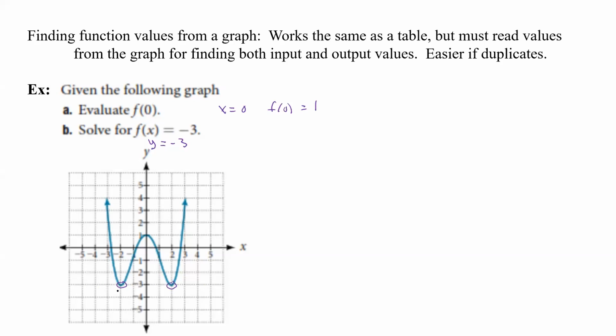You don't have to go through a lot of numbers, and you can see that y is -3 here and y is -3 here. And what are the x values? Well, here x is equal to -2 for that first one, and on this one, x is equal to +2. Okay, and so that's how we can do it with a graph.